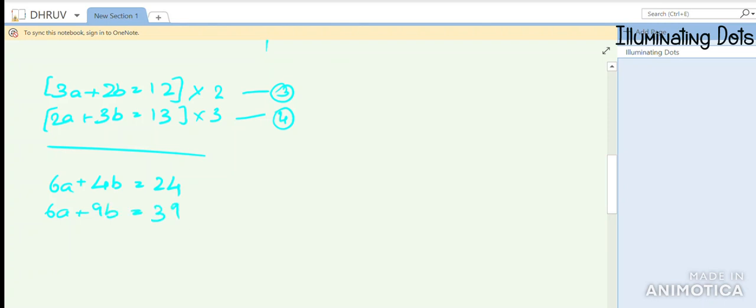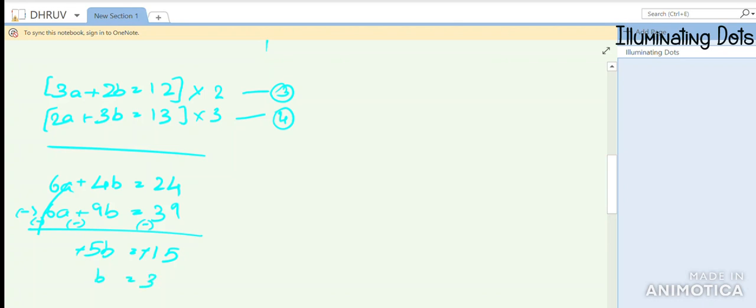To eliminate, I will subtract them. So plus becomes minus, plus becomes minus, and plus becomes minus. So we cancel the 6a. 4b minus 9b gives minus 5b is equal to 24 minus 39, which is minus 15. Minus minus gets cancelled and we divide both sides by 5, so we get b is equal to 3.